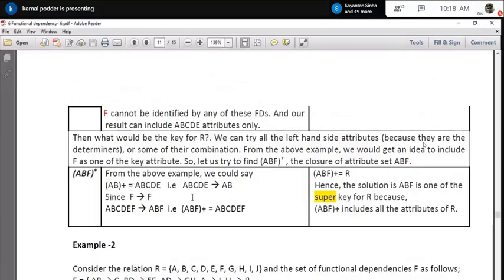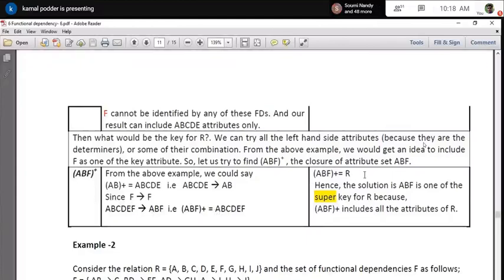Now since F depends on A, actually this type of FD always exists. So naturally, if you union these two, what we will get? ABCDEF, ABF. That means the closure of ABF contains all the attributes.